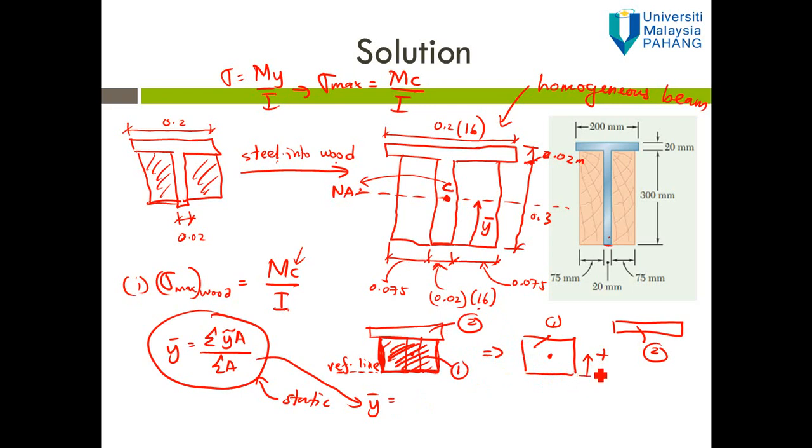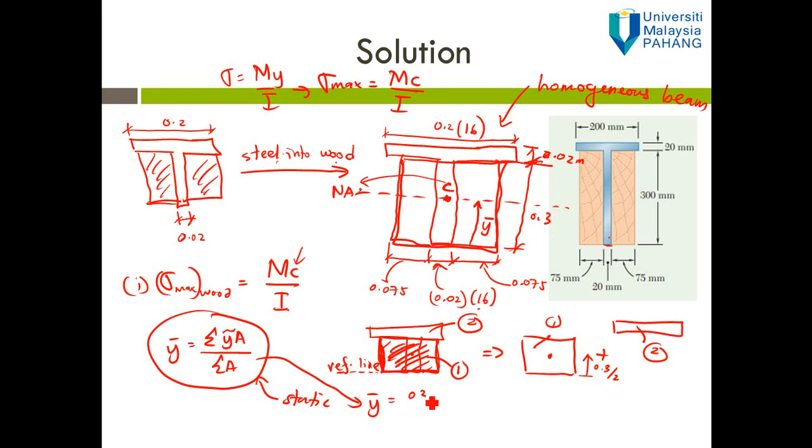Here it is equal to 0.3 over 2. From here to here is 0.3, so at the center of the rectangle it is 0.3 over 2.